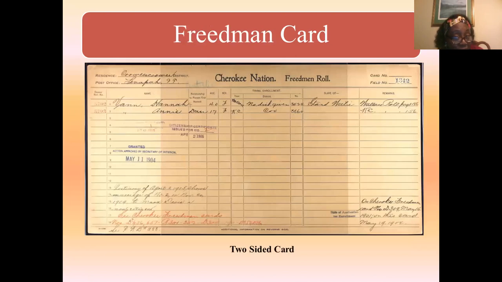When you come to a freedman card, it is double-sided, with information on the front and on the back. So you see the names of individuals. This family happened to have lived in Lenapah up in the Coo-wee-scoo-wee District, and you see that information. Freedmen who had been enslaved, in this particular case, by Confederate General Stand Watie, a Cherokee citizen. He was a slaveholder.